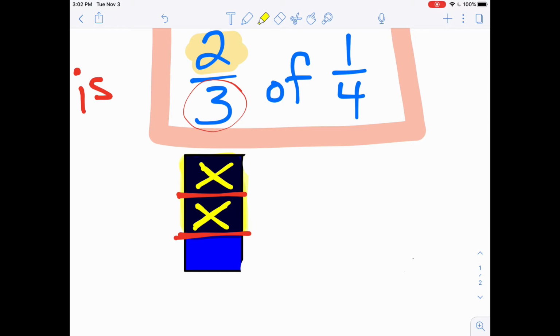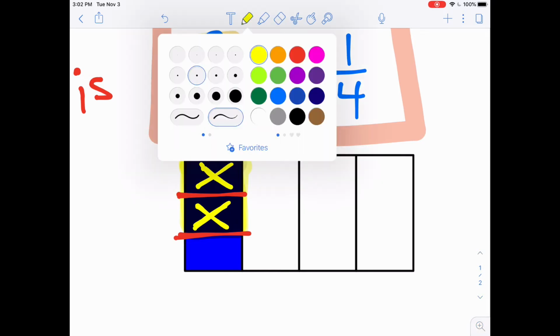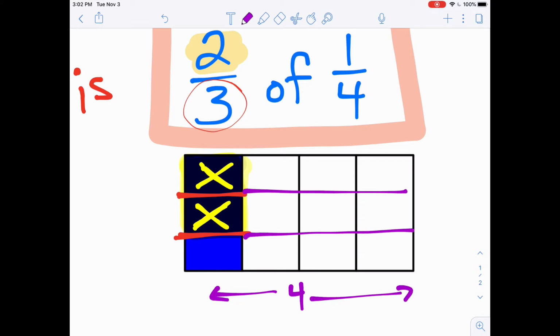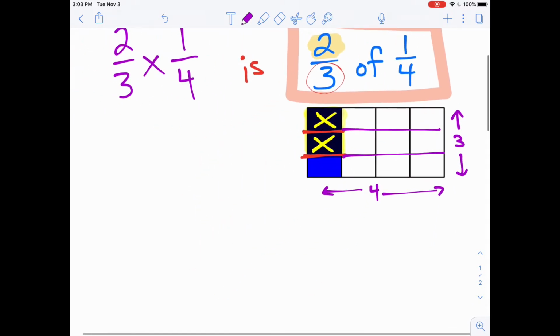But the answer is in terms of the whole entire shape. So I bring back the whole shape and I cut the entire shape into equal sized parts. And I can see that it's 4 wide and 3 tall. So that means that there are 12 total parts because 3 times 4 is 12.